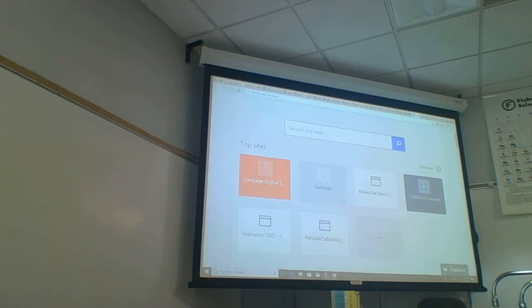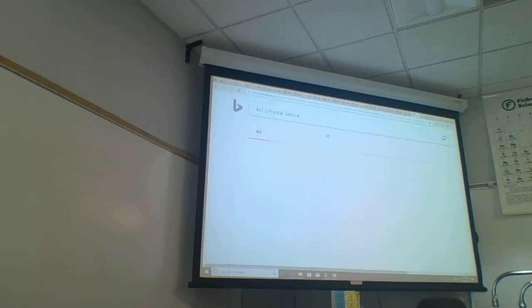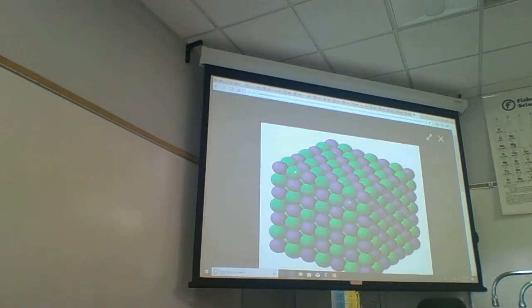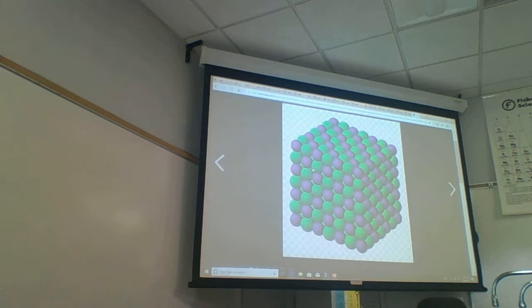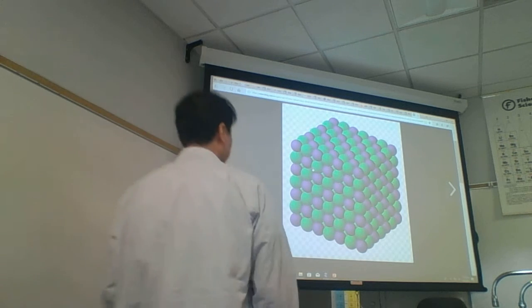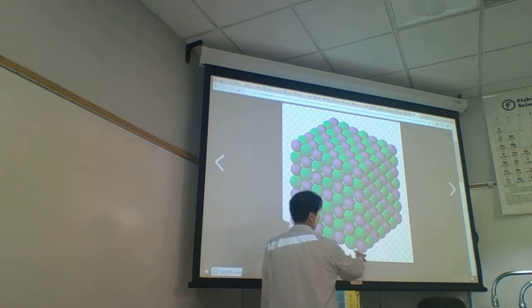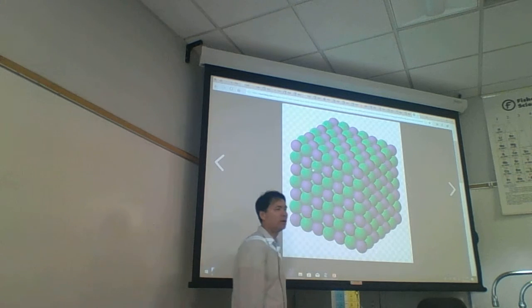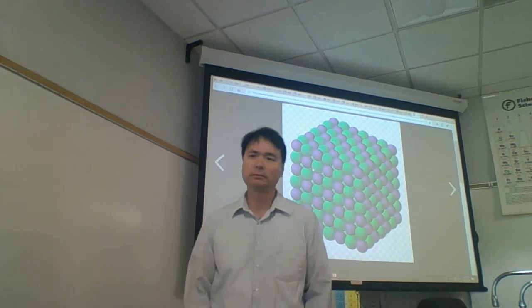So we'll just see the KCl crystal. Looks like this. So in water, this lattice breaks apart and frees up the ions. Those ions now are mobile and they can conduct electricity.